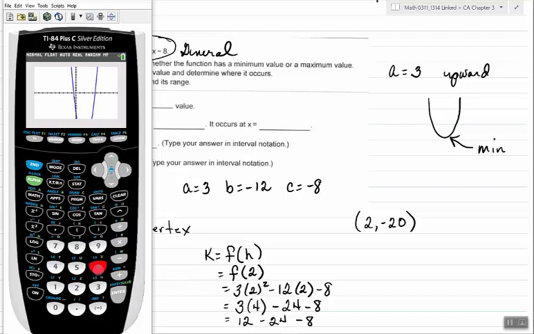I don't believe I see that minimum value. It's down here. So in my window, I will go down further with y min. Y min, I'm going to do negative 30 and graph.